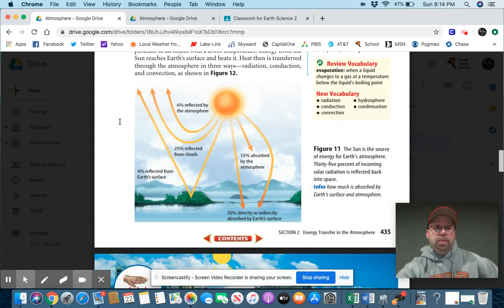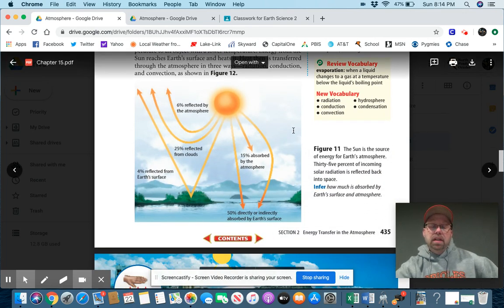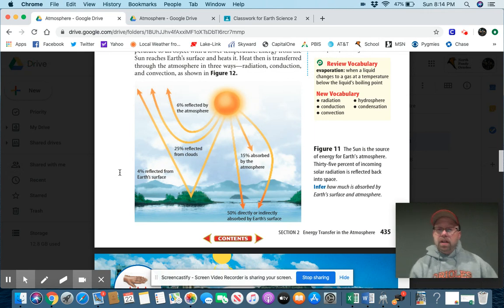And this first picture here at the bottom of page 435 describes what happens to that energy as it's coming from the sun. You can see various percents of that energy are used in different ways. For example, 6% of the sun's energy that heads towards planet Earth hits the atmosphere and is reflected right back into space.